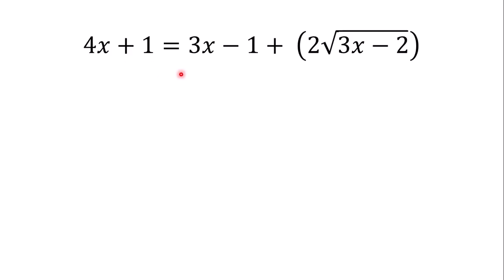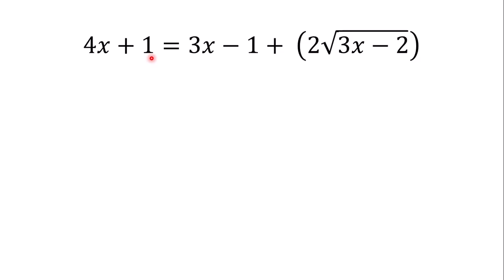4x plus 1 is equal to 3x minus 1. So here we're going to group like terms. We will bring the whole of this to this side. And when you are bringing it here, you all know what it means. When it crosses the equal sign, this one is positive, so it will be minus 3x on this side, and this one is negative. When it crosses this sign, it will be what?